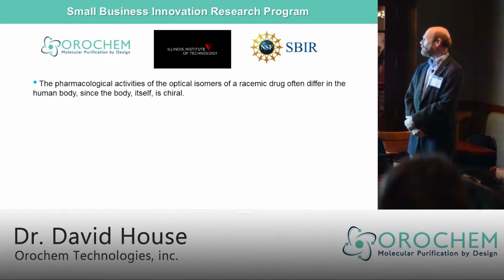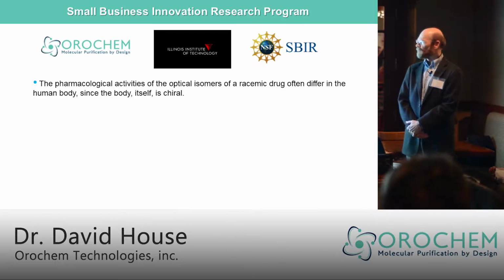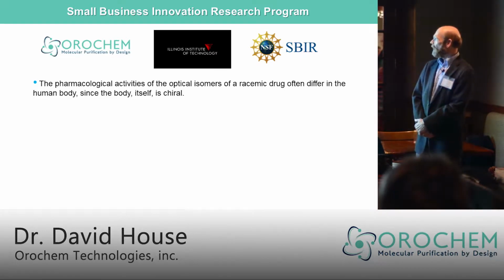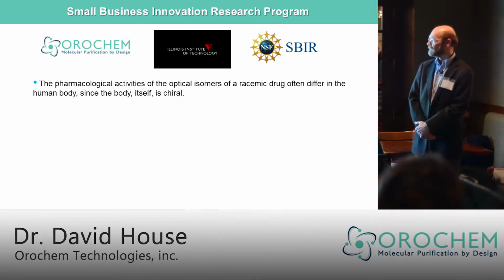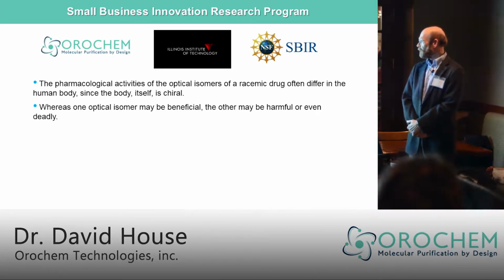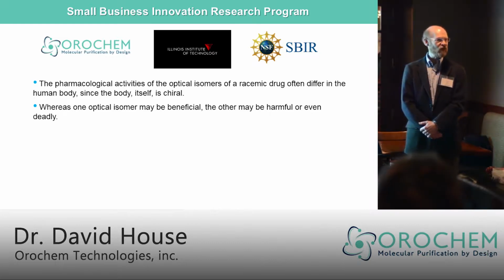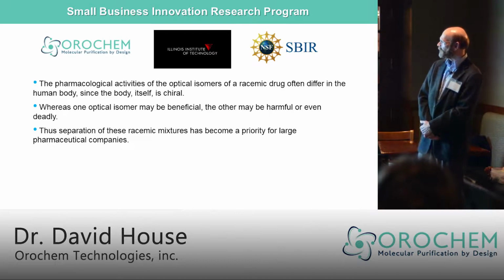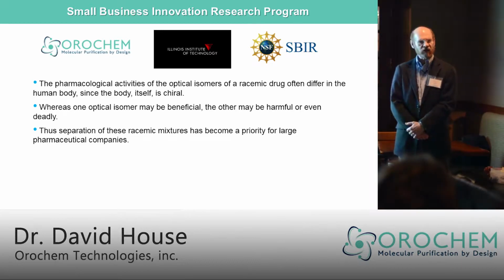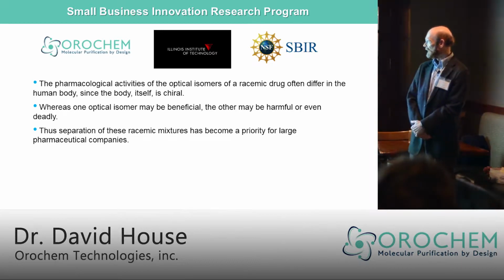The pharmacological activity of optical isomers of racemic drugs often differs in the human body, since the body itself is chiral. Where one optical isomer may be beneficial, the other may be harmful or even deadly. Thus, separation of these racemic mixtures has become a priority for pharmaceutical companies.